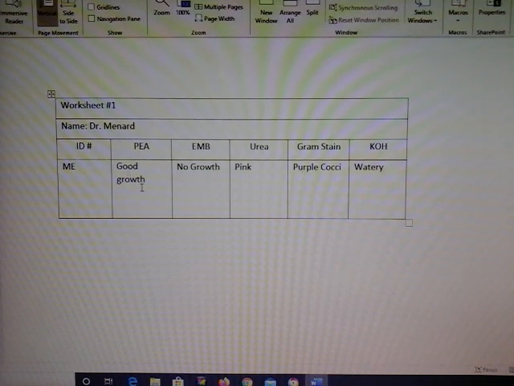The PEA supports that because you'll have good growth on a PEA plate, whereas you normally won't have any growth on EMB. Now, a bright pink for urea, or a pink result, tells you that this particular bacteria will produce urease.